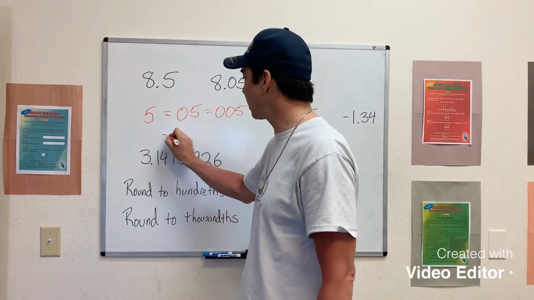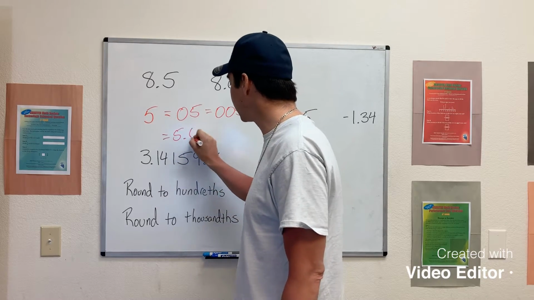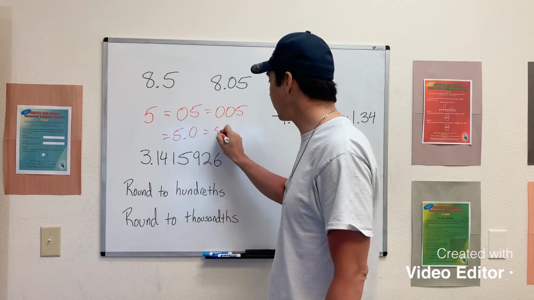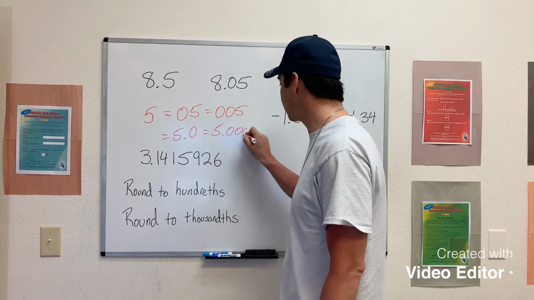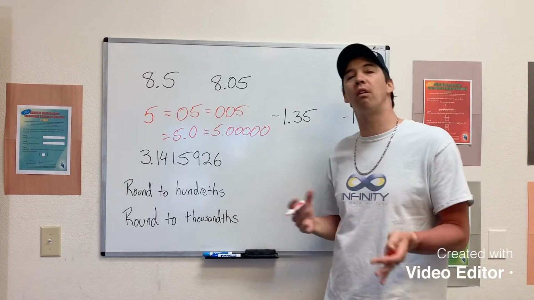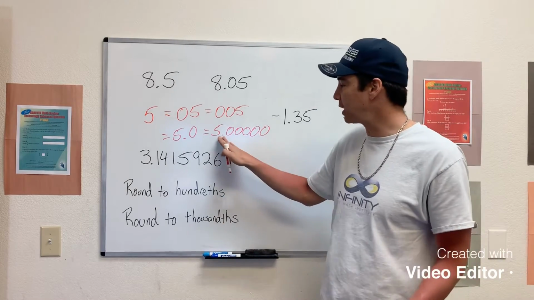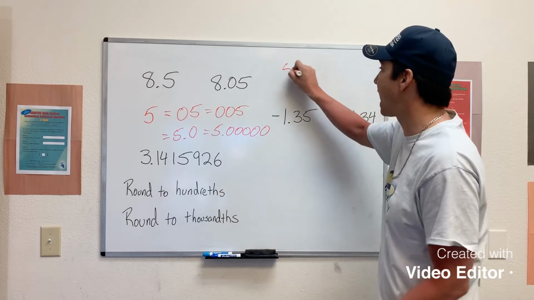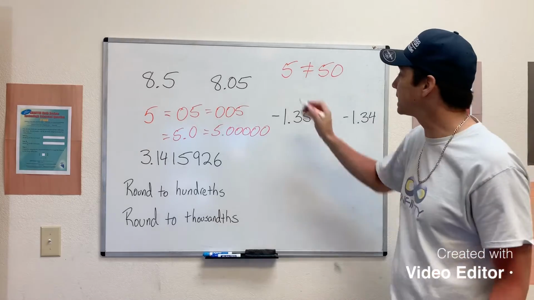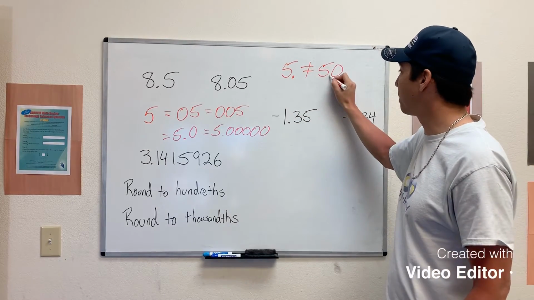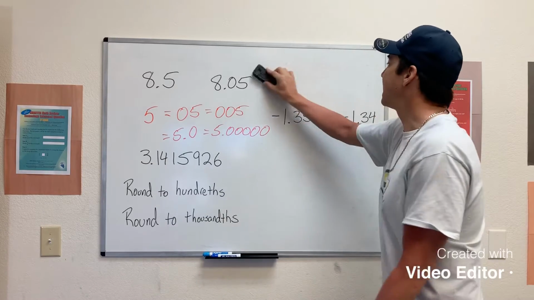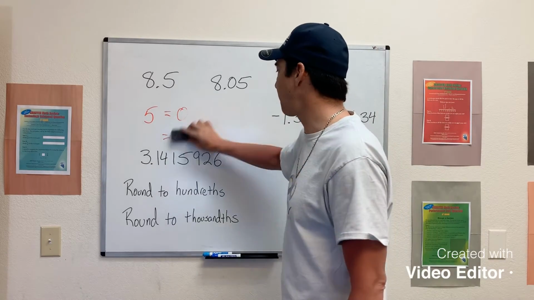It is also equal to 5.0. 5 is equal to 5.0, and 5.0 is equal to 5.00000, right? We could add zeros before or after a number as long as we're properly using a decimal point. Obviously, 5 does not equal 50, right? We just need to maintain that decimal point in order to do it. Then it works, okay?